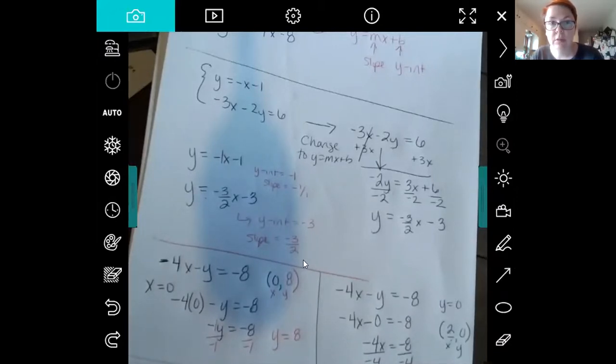I'm going to put those on my graph if I can get back to it. There we go. All right, so I've already moved this red line down. I'm going to use this blue line for my second part. And I found that I was going through positive 8 on the y line and a positive 2 on the x.